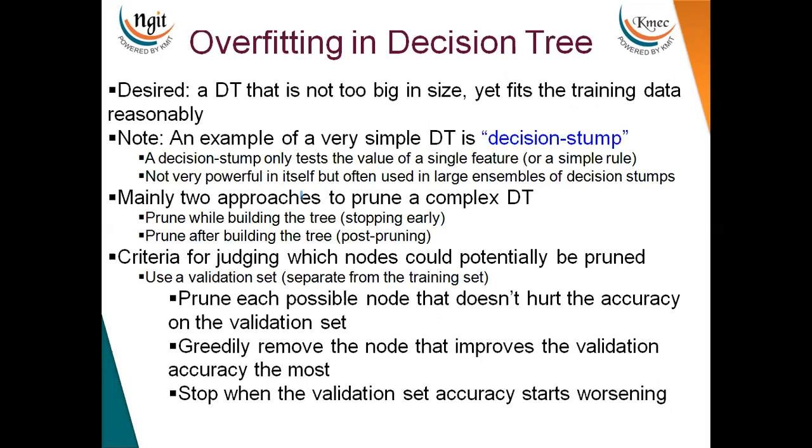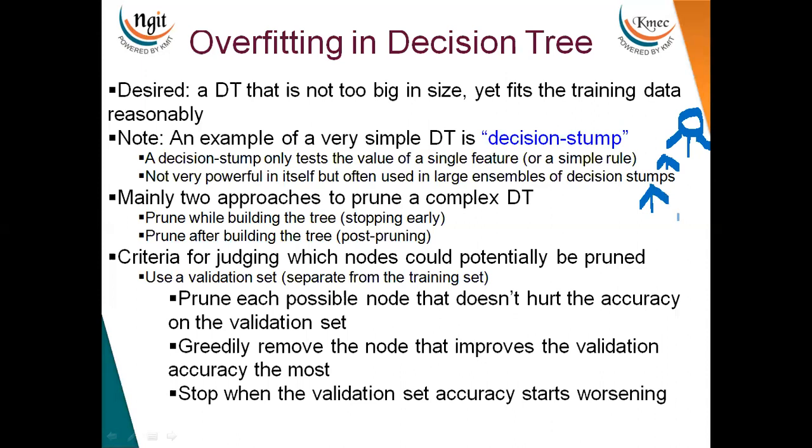Now, as we perform the recursive induction in a decision tree, it will grow in size. In all our examples, we have seen trees of only 3 to 4 levels. But suppose I want to construct a tree which contains India at its root level, then all the states in India in the next level, then all the cities in India in the next level, then all the holiday spots in those cities in the next level.